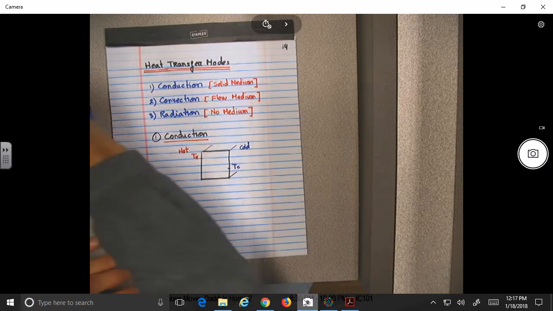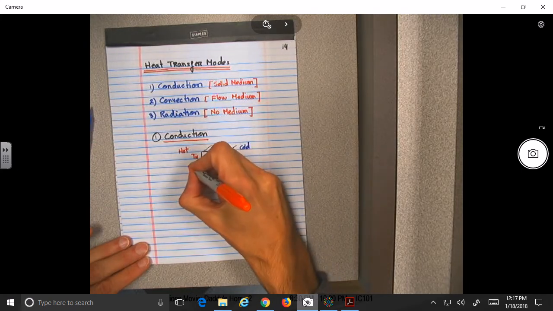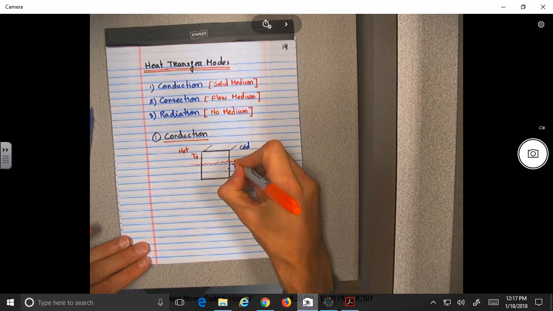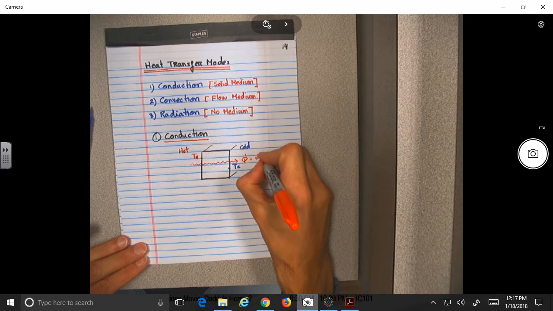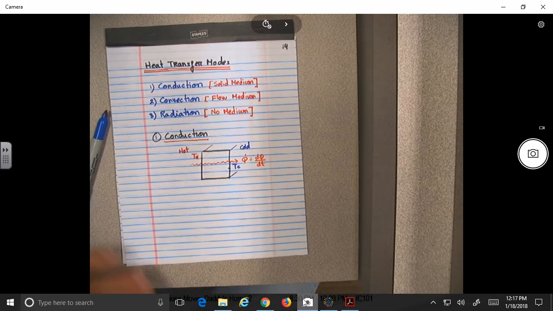And we know that the heat will be going from hot to cold. And I put a little dot on top because really, when you talk about heat transfer, it is a function of time. Okay? So this is really what is happening.